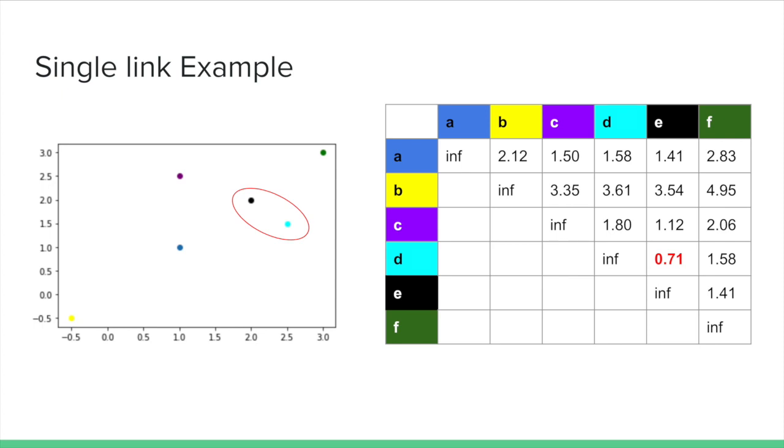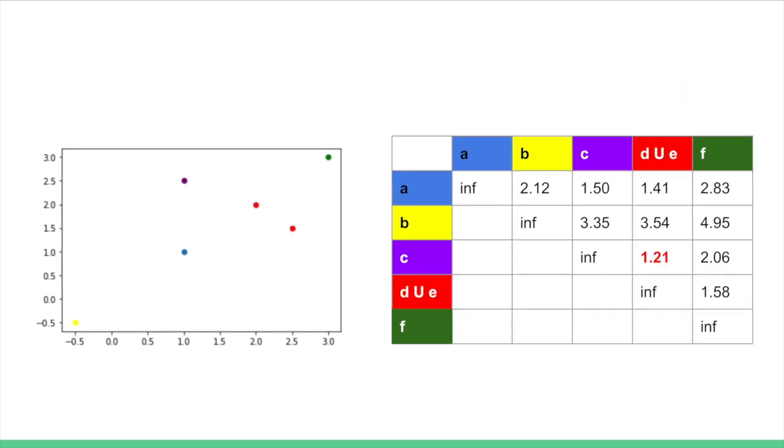As the initial step, we calculate the distance between each data point, and we found that D and E has the smallest Euclidean distance, which is 0.71. So we go ahead and cluster them together.